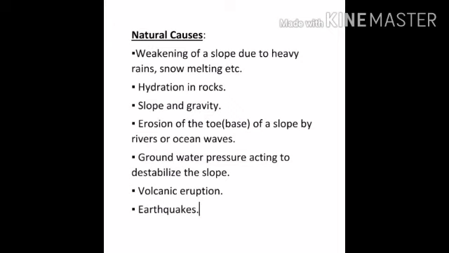And the last, earthquakes. Earthquakes are also responsible for landslide. When earthquakes occur, it weakens the joints of rocks, thus cracks develop and major and minor parts of land come down, and it is a cause of landslide.